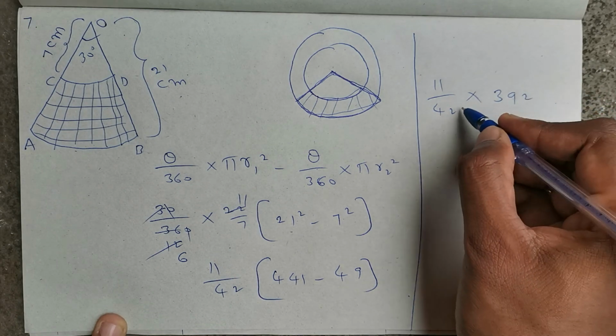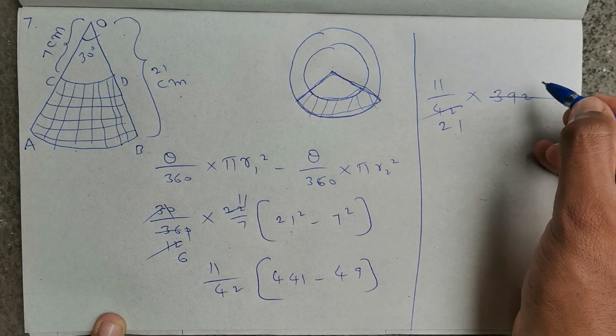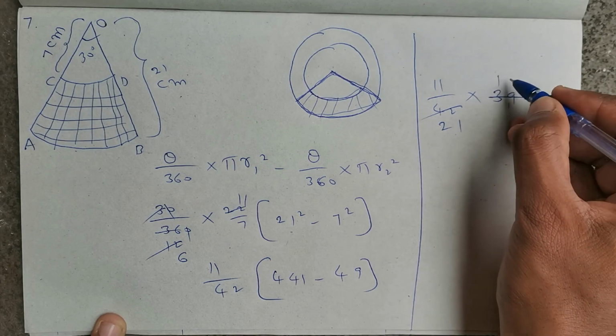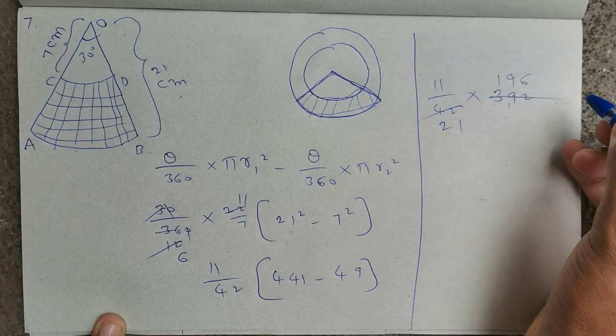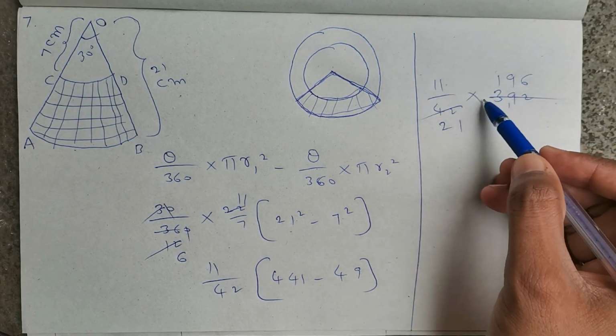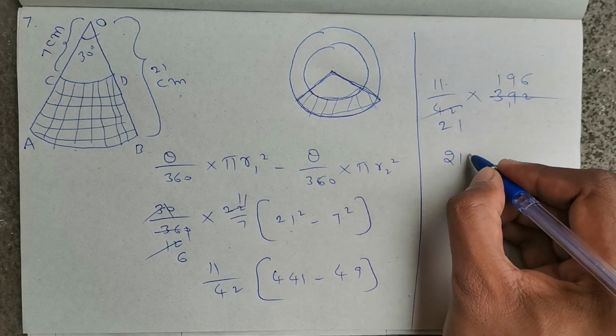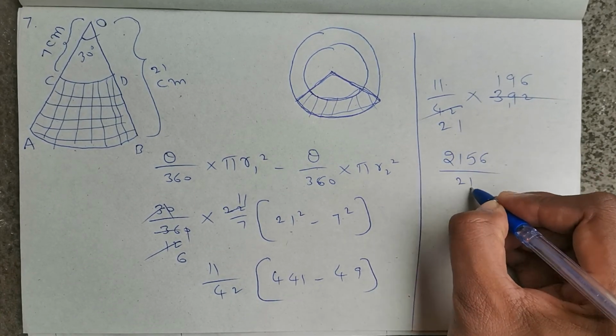If you do cancellation, 2 21s are 42, 2 ones are 2, 9s are, 2 6s are. So in the numerator we are left with 11 into 196. 11 into 196 is nothing but 2156, divided by the denominator 21.